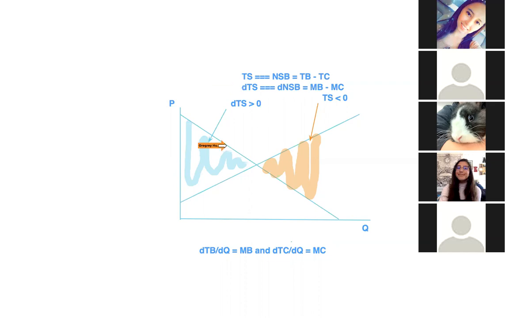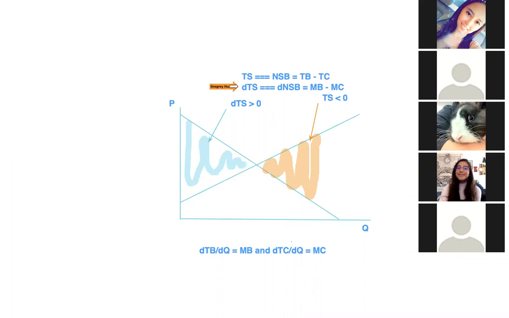So remember, another name for the demand curve is the marginal benefit curve, and another name for the supply curve is the marginal cost curve. Whenever I'm talking about the change in total surplus, I mean the difference between these two curves. As long as the demand curve is above the supply curve, those numbers will be positive and total surplus will be growing.